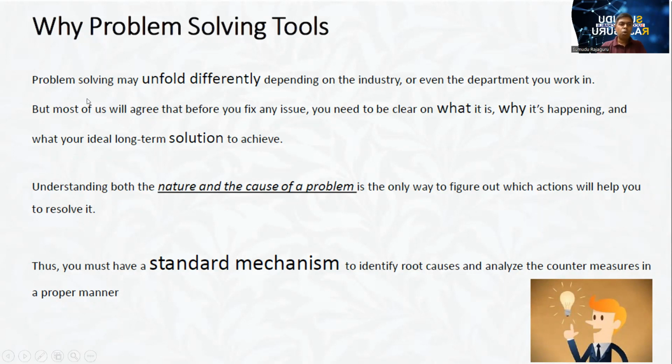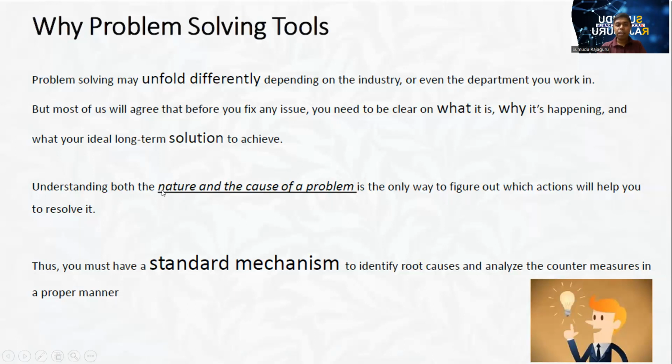But most of us will agree that before you fix any issue, you need to be clear on what it is, why it is happening, and what ideal long-term solution you want to achieve. So that is the important case. Understanding both the nature and the cause of a problem is the only way to figure out which action will help you resolve it.